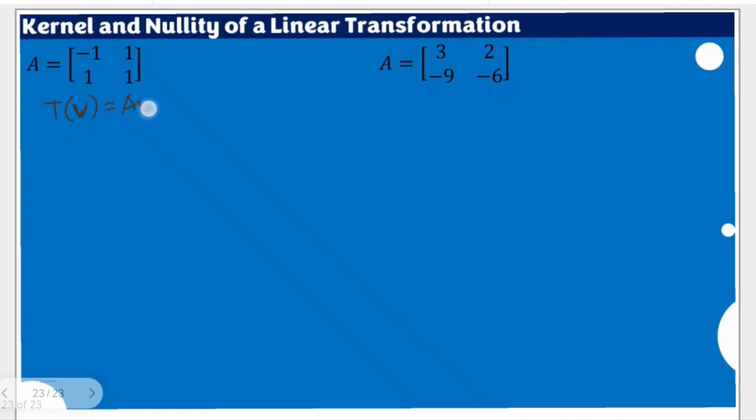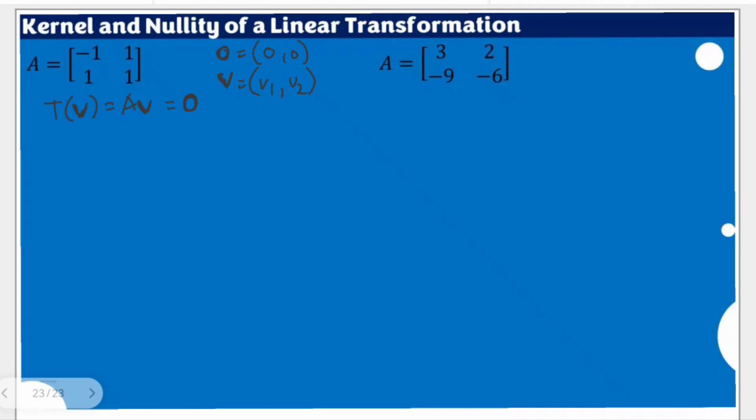Now, take note that this involves matrices, so we are also going to use this concept. The transformation of the vector v is equal to the matrix A times v, which is also equal to the zero vector. Since we are in R2, our zero vector is (0, 0), and the vector v that we're going to solve for is represented as v sub 1 and v sub 2.